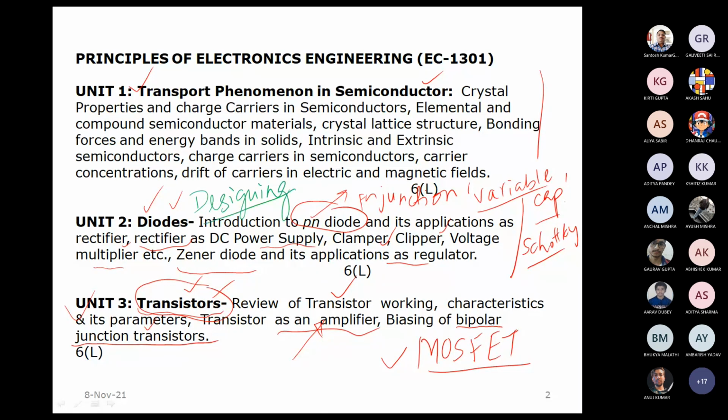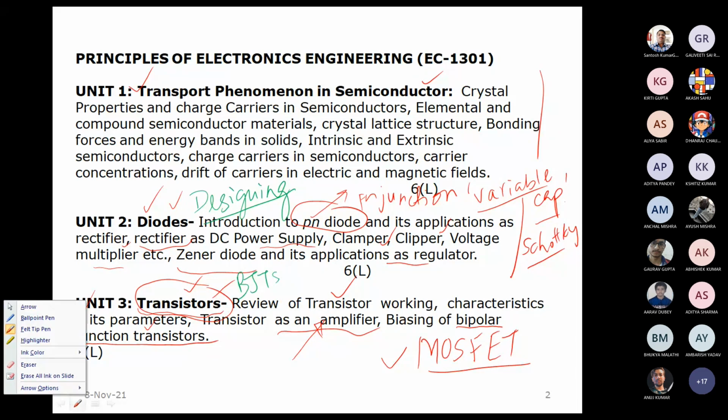Suppose we are given a certain circuit to design based on some application, using diodes or transistors, by which we mean BJTs or MOSFETs. Then what are the steps we can follow to design certain standard circuits? Not all circuits can be designed using that method, but some standard circuits may be designed.